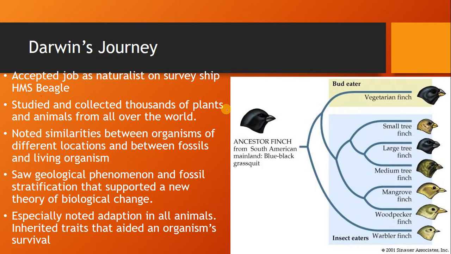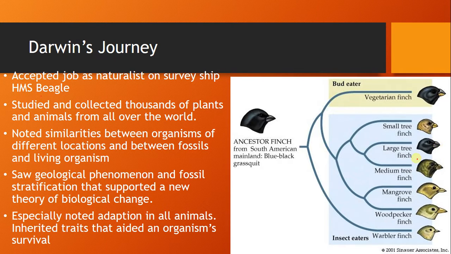And one thing that he was surprised at were the similarities between organisms between different locations that he visited, and the similarities between fossils that he found and living organisms. One really important thing he noted was that in the islands of the Galapagos, there were different finch populations, and they looked very similar but had slight differences.